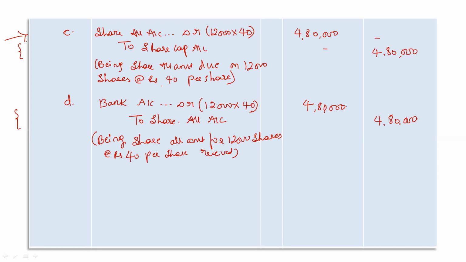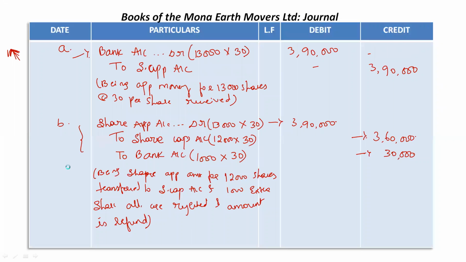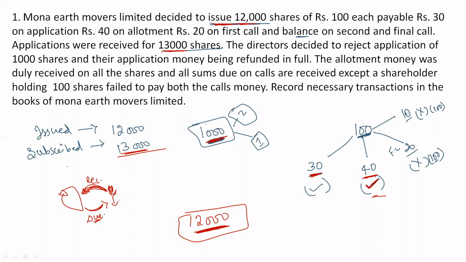Earlier the amount was due when the company asked. Now the public has paid the amount, so now it's received. So the allotment process is done. We have done both the entries during allotment.